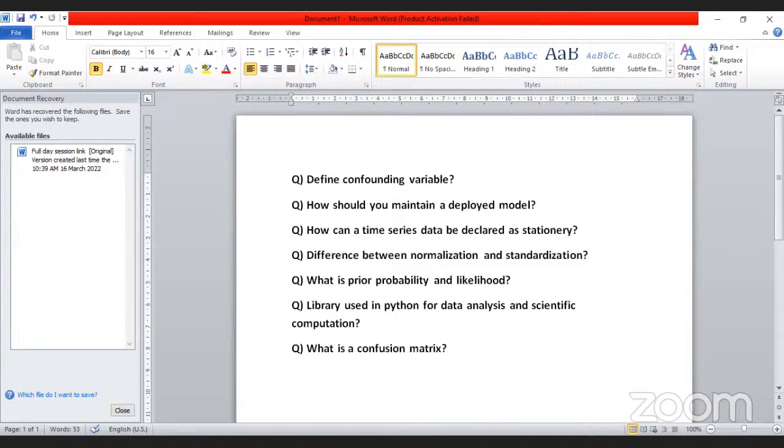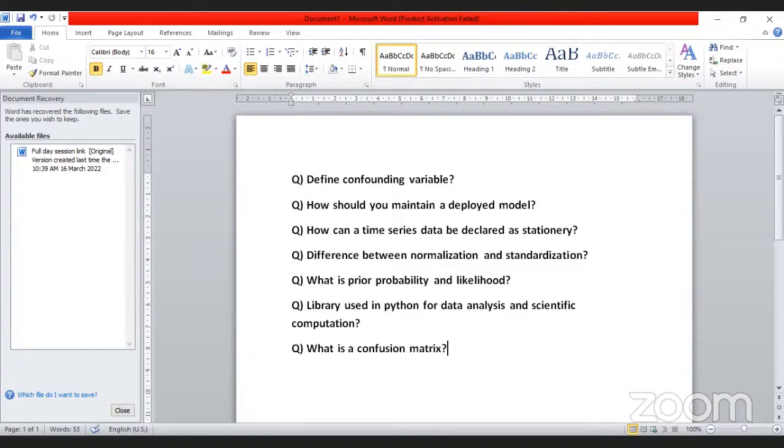Okay. So the confusion matrix is a table that is used to estimate the performance of a model, right? It is a table of the actual values and the predicted values in a 2 by 2 matrix.